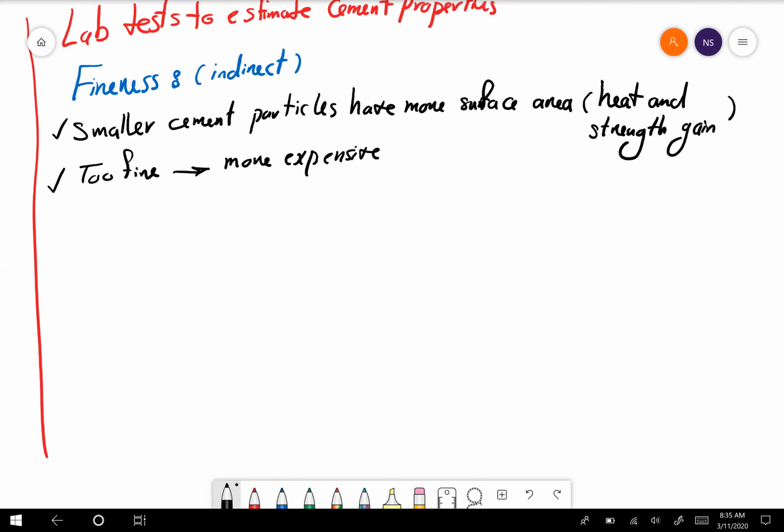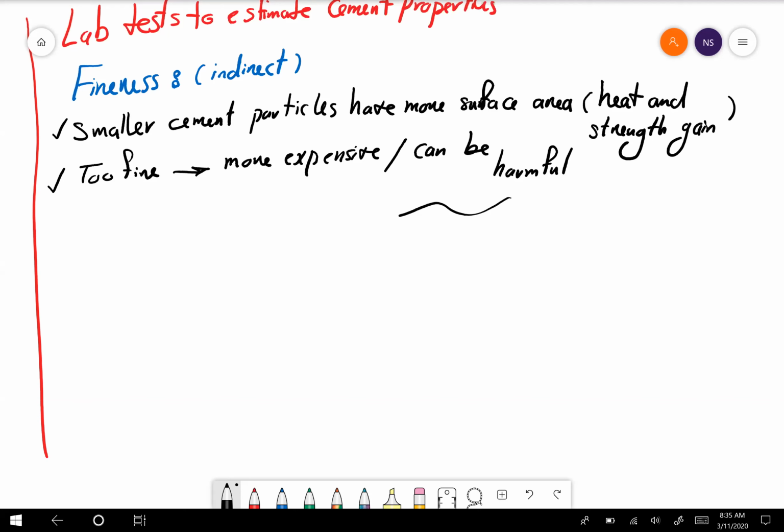And also it can be harmful, in terms of environmental impacts, and also for humans, because you might inhale the very fine particles.